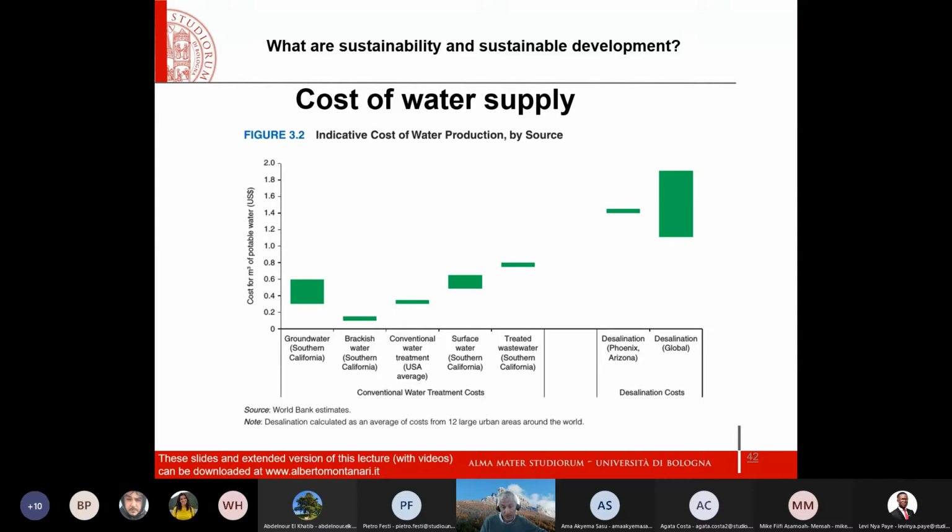For instance, in the Emilia-Romagna region here in Italy, I can tell you that groundwater costs about twice as much as surface water, because we basically take surface water directly from the river. For instance, think about water withdrawal from the Po River or from the rivers that flow down from the Apennines. This is water that is available by gravity, and therefore the cost is reduced. In the case of Southern California, it's a bit higher because, as I said, it includes the cost of reservoirs.